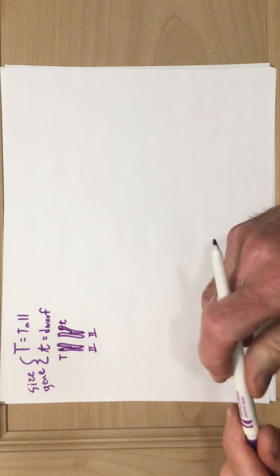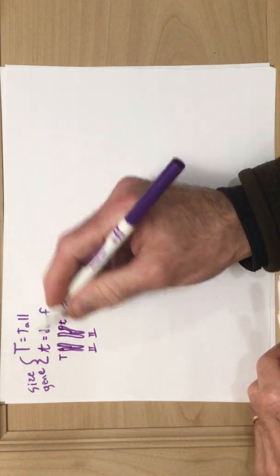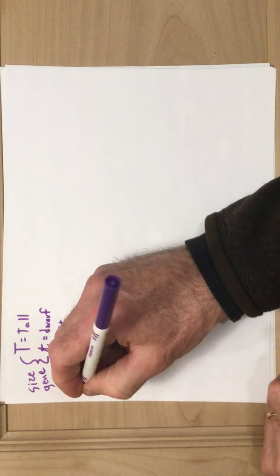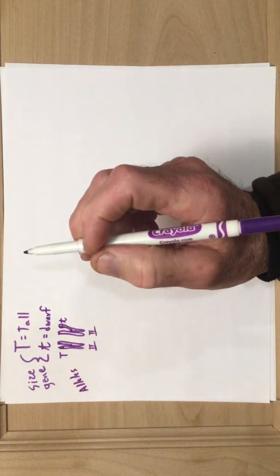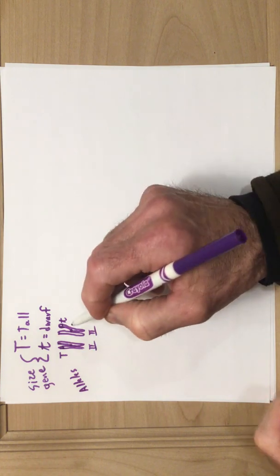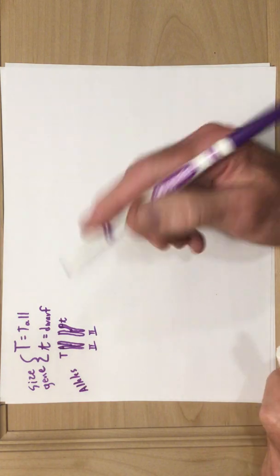Locus is the place on a chromosome where a gene sits. There's 2 versions of it, and the versions of a gene are called alleles. So that's the big T dominant tall allele, and this is the little t dwarf allele for the same gene. The gene is the size gene.